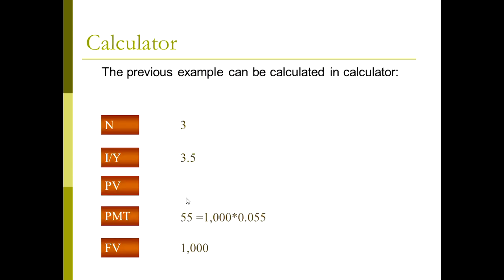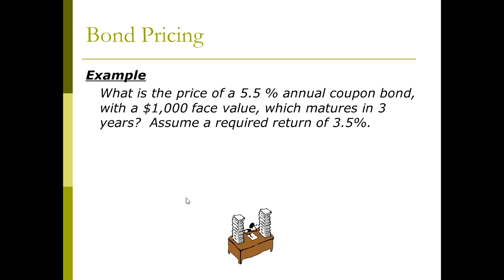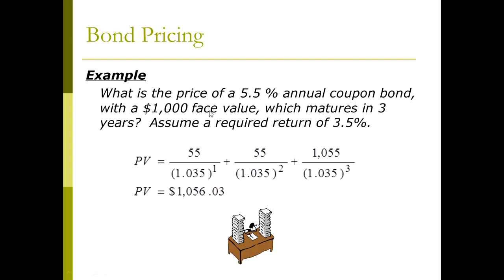Comparing to the first case, if you go back here, when the bond is paid annually, all numbers are exactly the same, okay? The only difference is in our first example, the coupon payments are paid on the annual basis. The price is $1056.03.